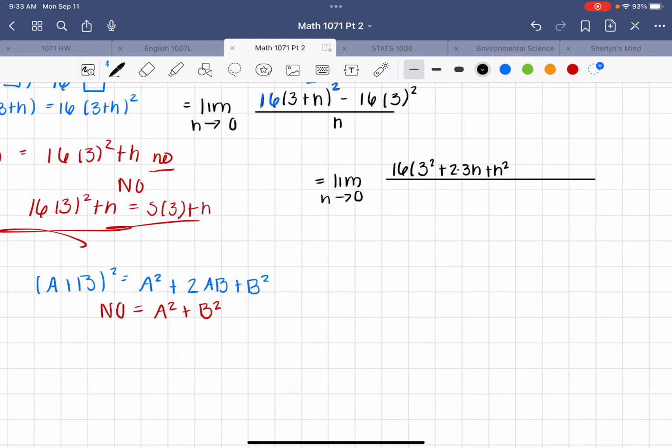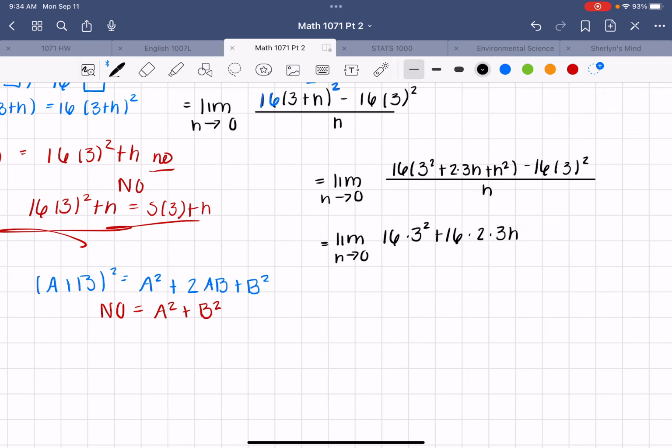Now, when you're doing this, you call 3 squared 9, you call 2 times 3, 6, that's fine. Let me leave it unsimplified for a minute, because I'm sort of reviewing the algebra. So distribute the 16: 16 times 3 squared plus 16 times 2 times 3 times h plus 16h squared minus 16 times 3 squared, all over h.